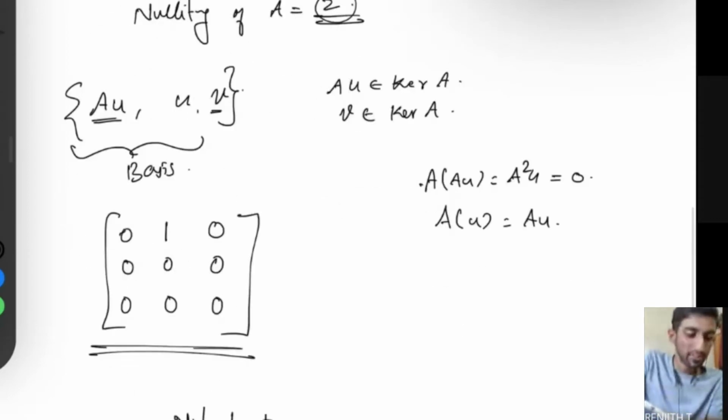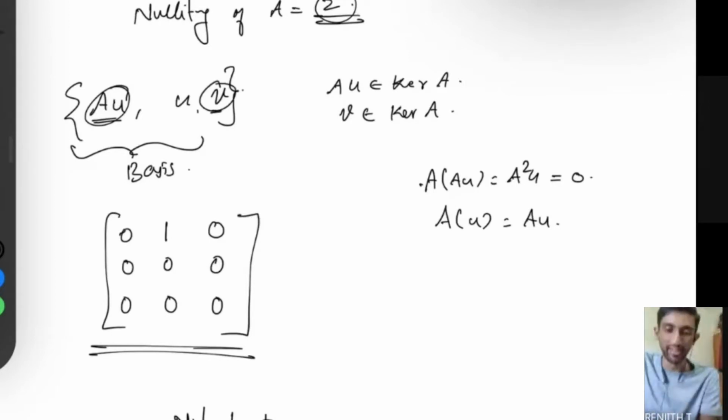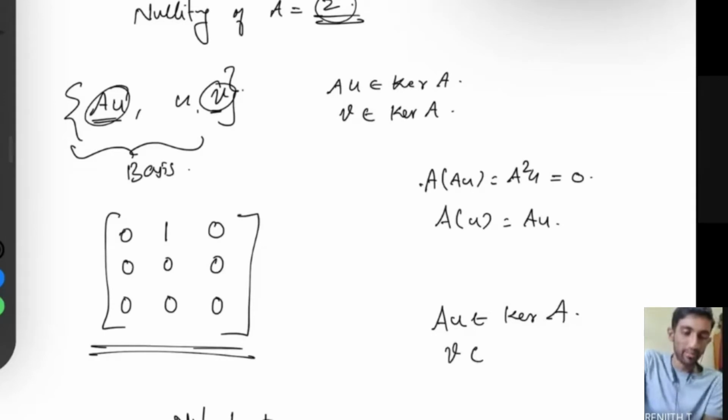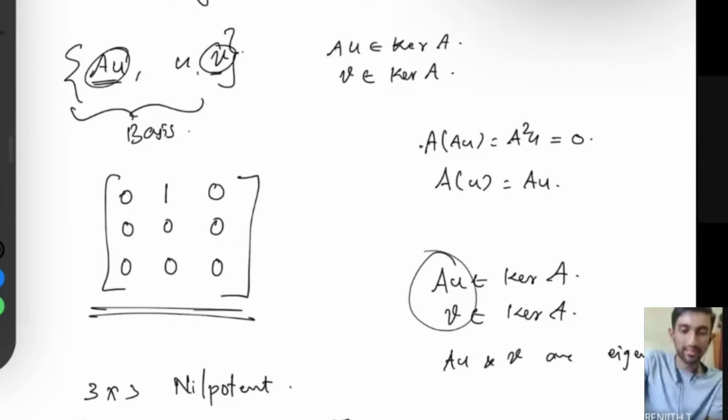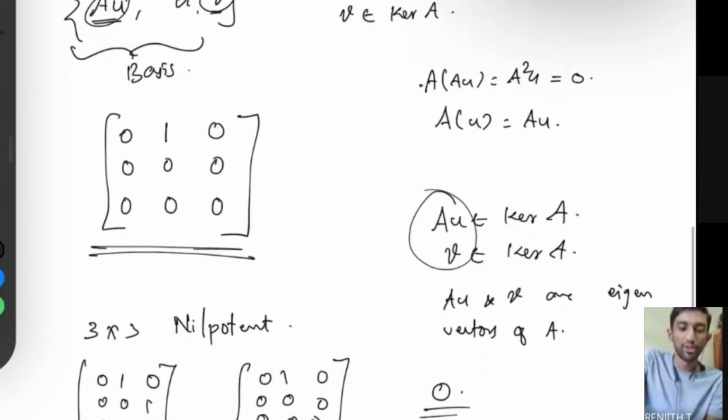In the other case, AU belongs to the kernel of A and V belongs to the kernel of A. So these two belong to the kernel of A, which means they are eigenvectors. So AU and V are eigenvectors of A, and U is a generalized eigenvector.